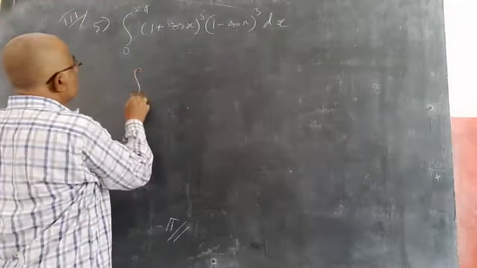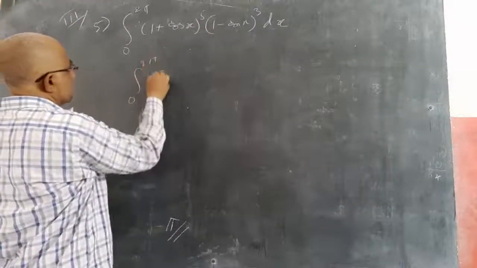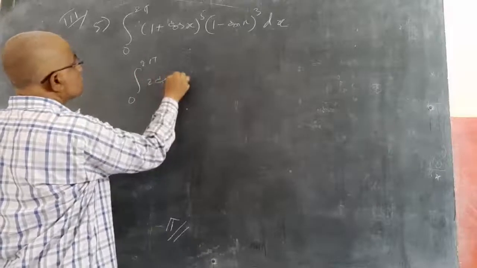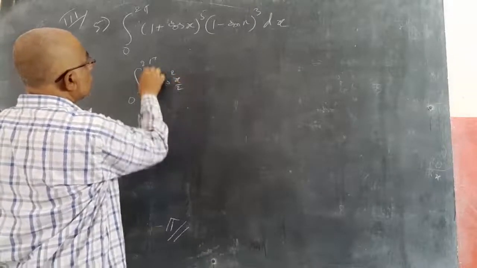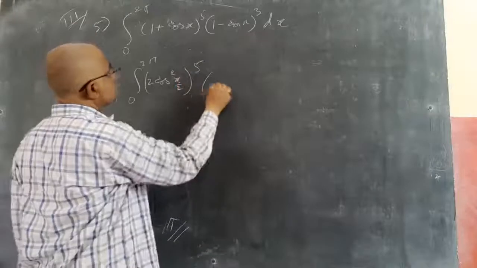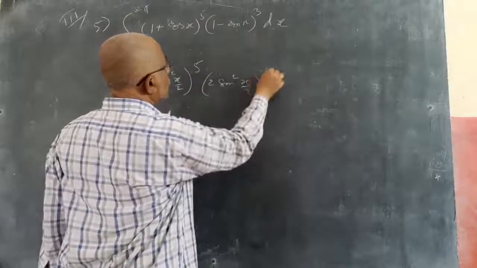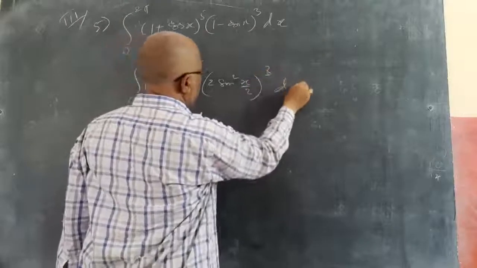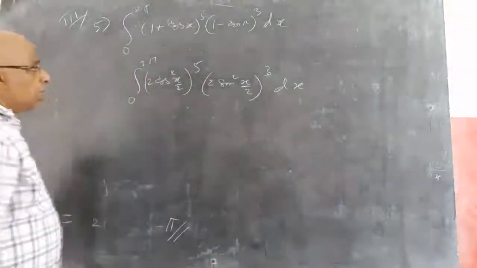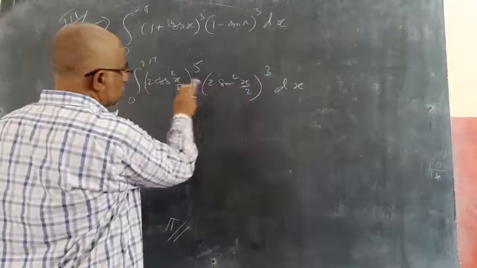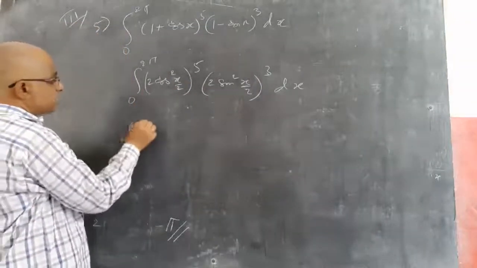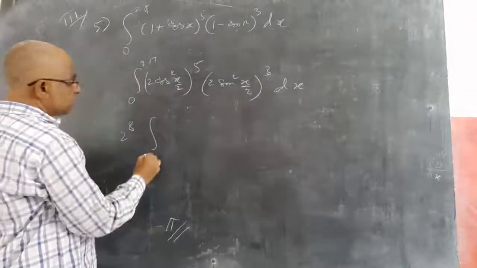So from 0 to 2 pi, this is (2 cos square x by 2) whole power 5, and this is (2 sin square x by 2) whole cube dx. This is 2 power 5, this is 2 cube, means 2 power 8 I will write outside.